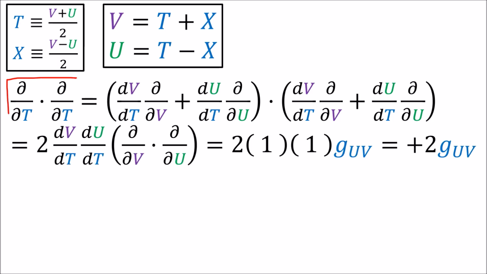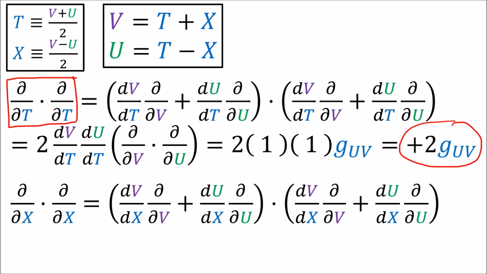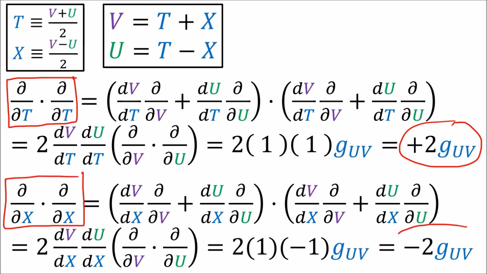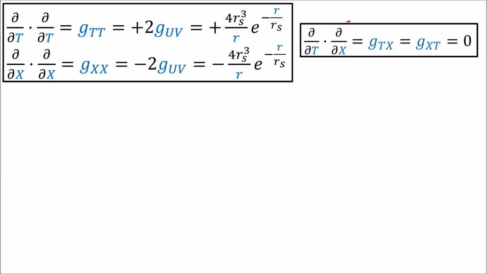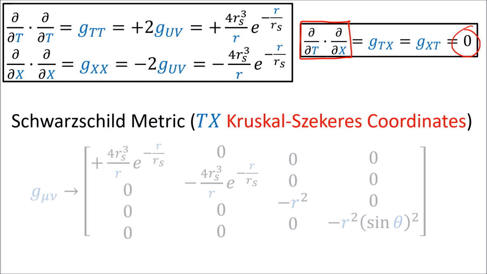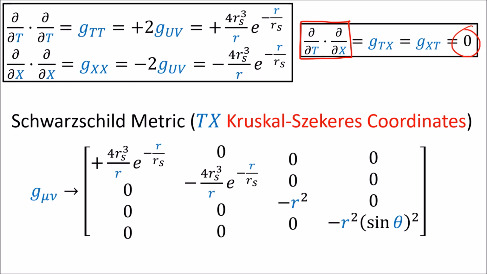We find the big T metric component is positive 2 times g big U big V, and the big X metric component is negative 2 times g big U big V. You can also check that big T and big X are orthogonal directions. So the metric in big T big X coordinates looks like this. This makes sense, since big T has positive squared length as expected for a time-like coordinate, and big X has negative squared length as expected for a space-like coordinate. And they are orthogonal, so off-diagonal terms go to 0.